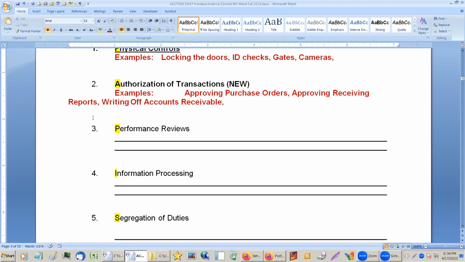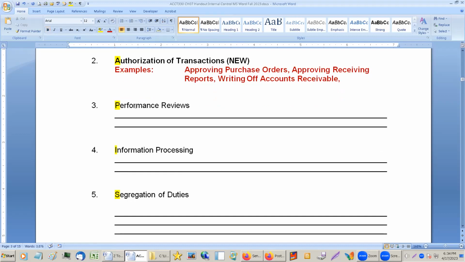And again, this one is included in segregation of duties. It's broken off separately now for some things.